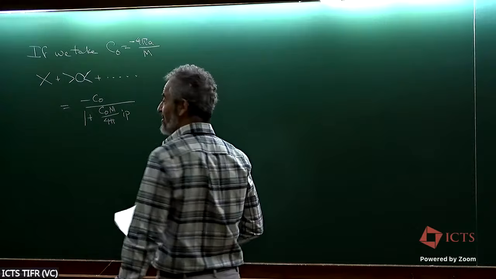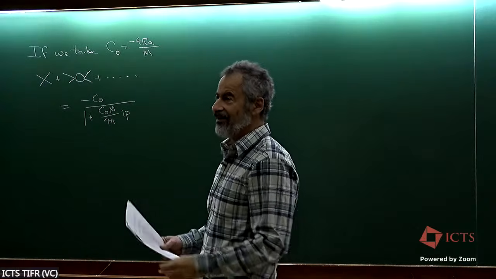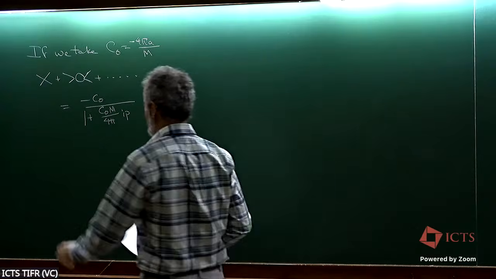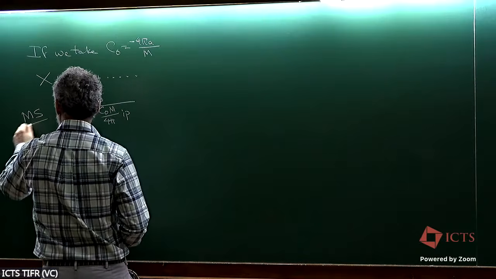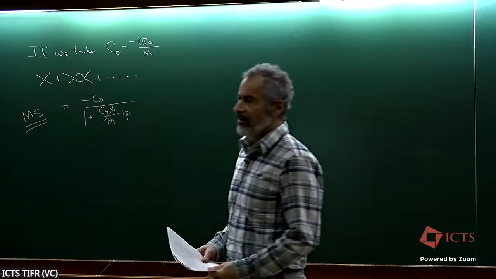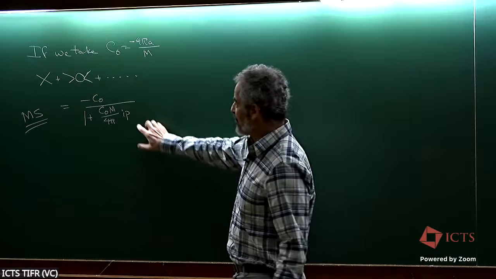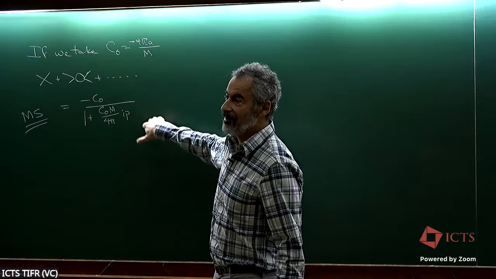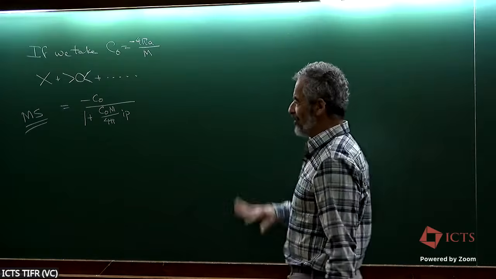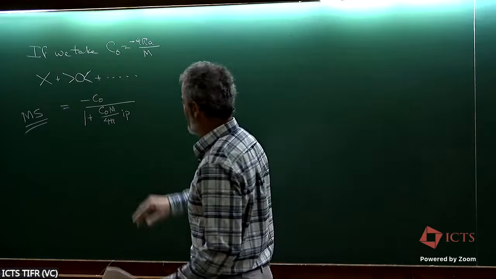And this is scheme dependent. I'm using MS. If you did a momentum cutoff, we saw the IP comes along with a plus lambda, which is your linear divergence. So this is all scheme dependent, where C naught's the bare coupling.